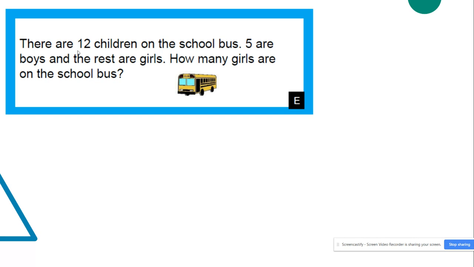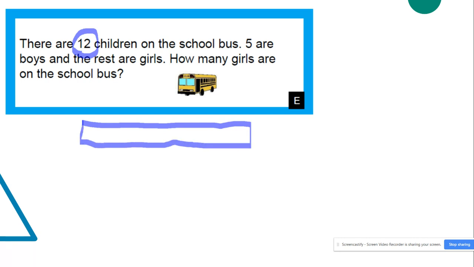Remember, when you're solving a problem, the first thing you do is circle the information you have. There are 12 children on the school bus. So that's my whole. I know I have 12 children on the school bus.